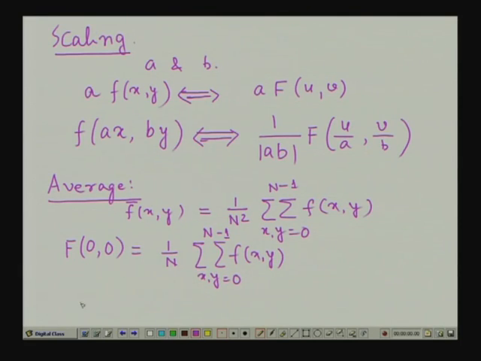This clearly shows that the average value is nothing but 1 upon capital N into the 0th discrete Fourier transformation coefficient, because here the frequency u equals 0, frequency v equals 0. So, this is nothing but the DC component of the signal. The DC component divided by N gives you the average value of the particular signal.